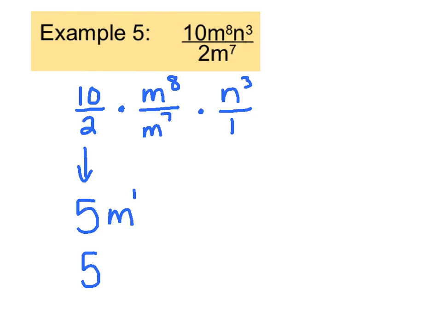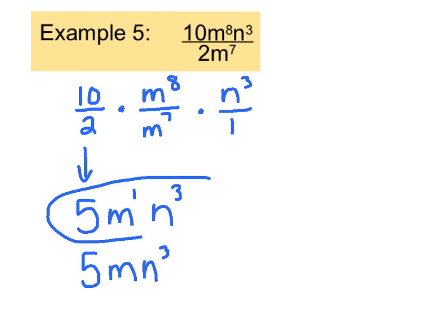Remember, another way to write m to the 1st is just to write m. Either way is fine. And since we do not have the same base number for my n terms, there is nothing I can do there. So n to the 3rd stays n to the 3rd. I can either write my answer like this or like this. They both mean the same thing.